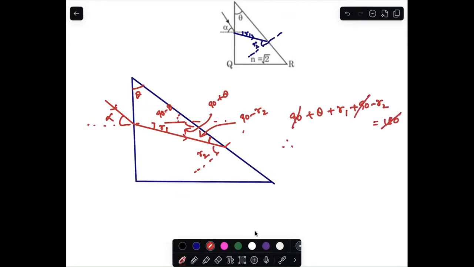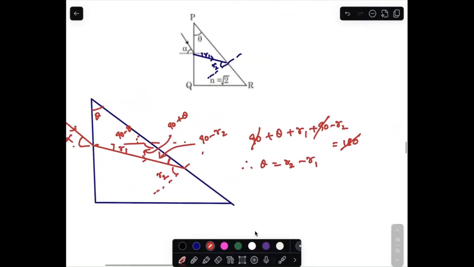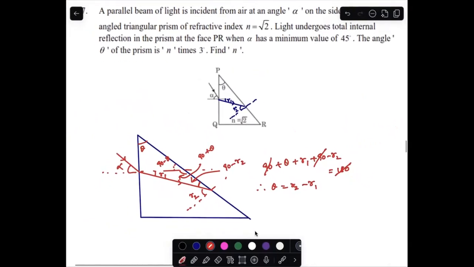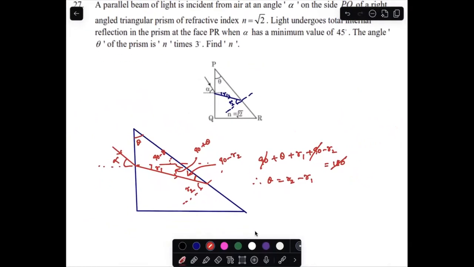Therefore, theta is R2 minus R1. That's what I have. R2 is 45 degrees. Alpha has a minimum value of 45 degrees.